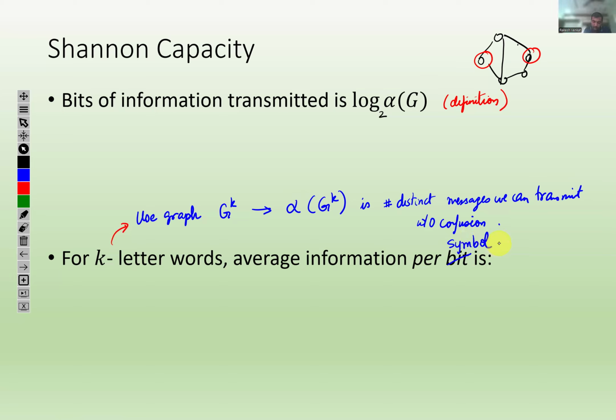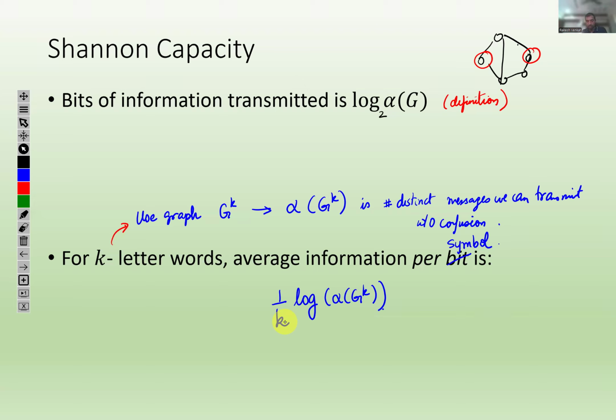For k letter words, the average information transmitted per symbol, and this is the important measure, is going to be what? The total information transmitted per message is log of alpha of G to the power k. But I'm using k symbols, so per symbol, I'm using only 1 over k.